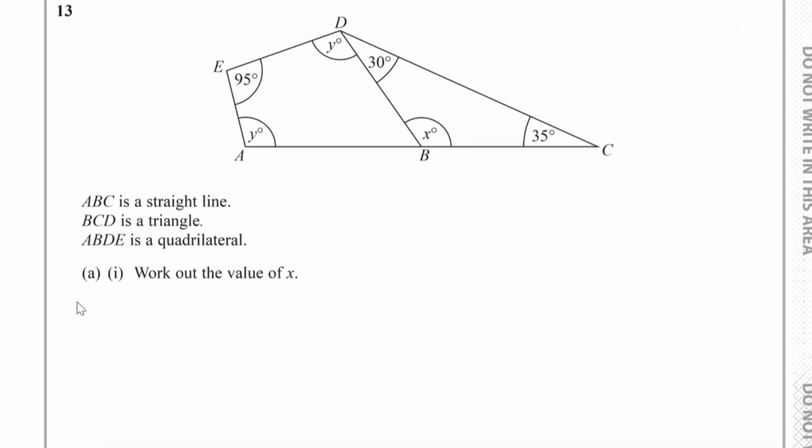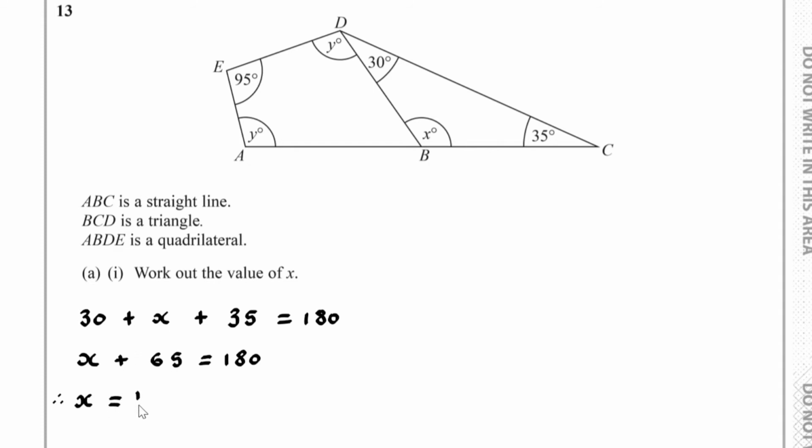So we have 30 plus x plus 35 equals 180. So we have x plus 65 equals 180. And from this, we can find out what x is. X is equal to 115.